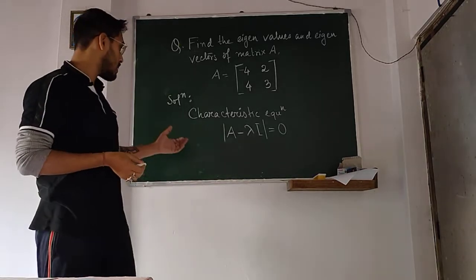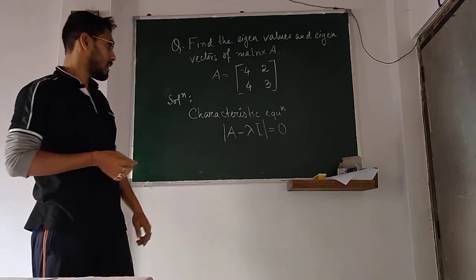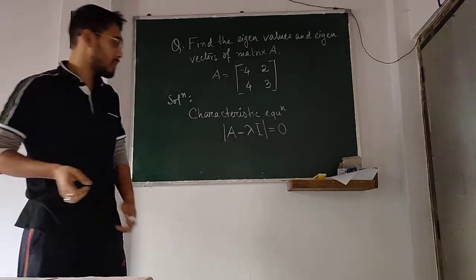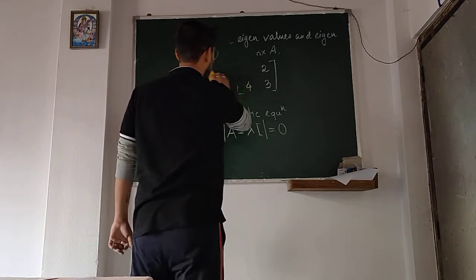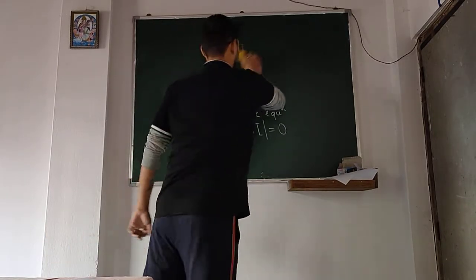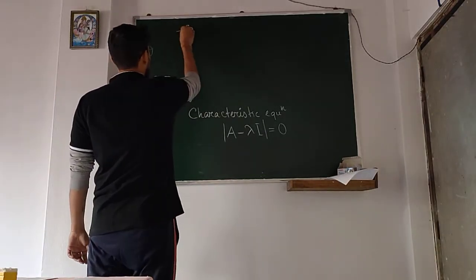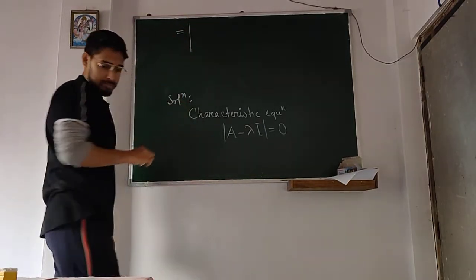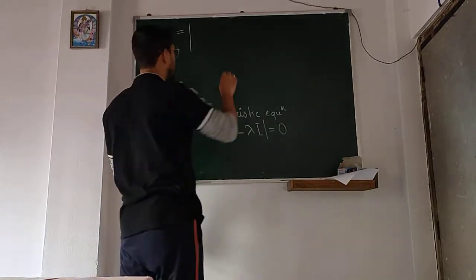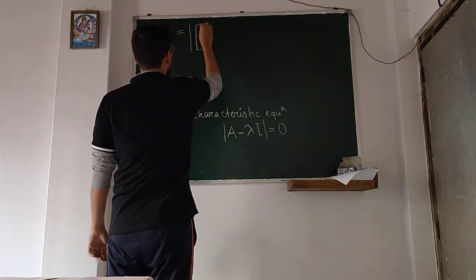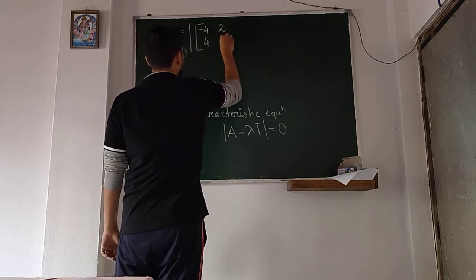So if we put the matrix in this manner, so what we are getting, so for this I have to rub the question and I hope that you all have written the question. So if we put this here, the first one will be A, so A is [-4, 2; 4, 3].